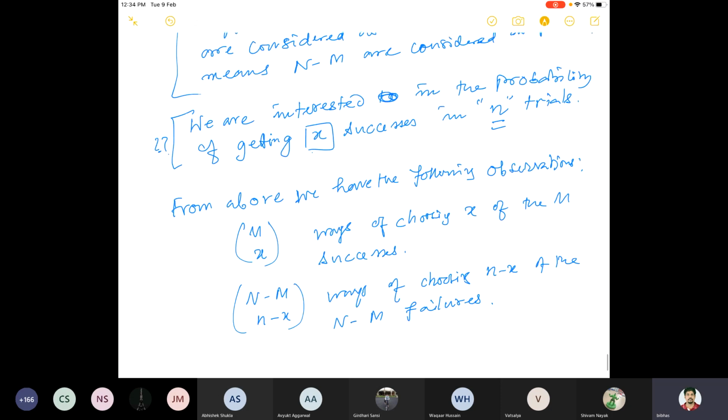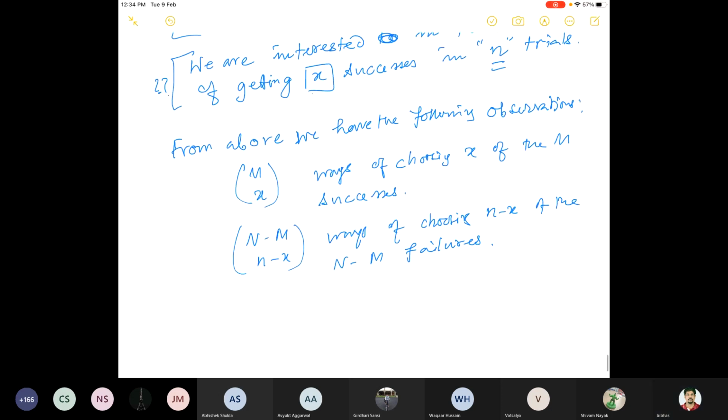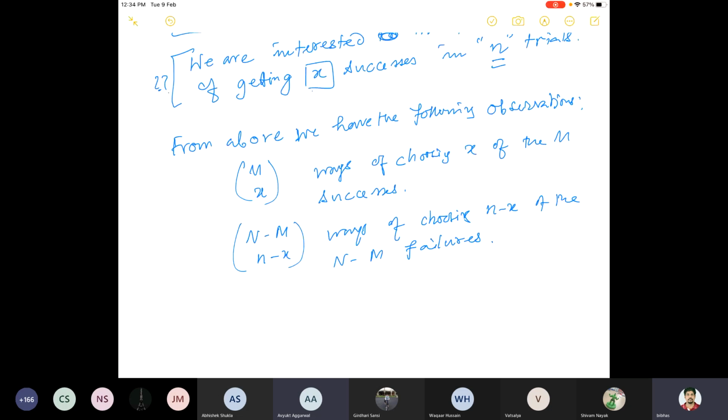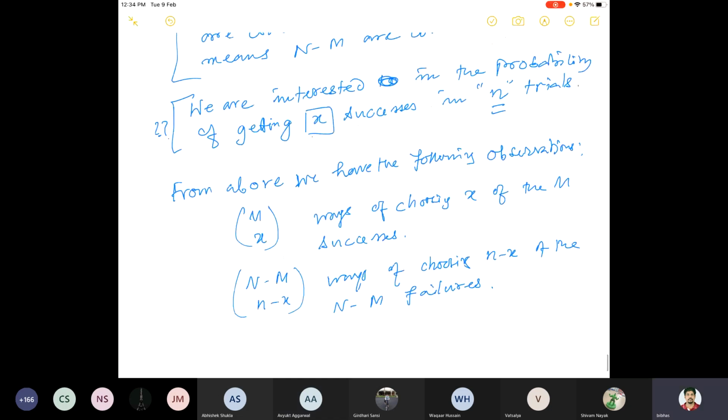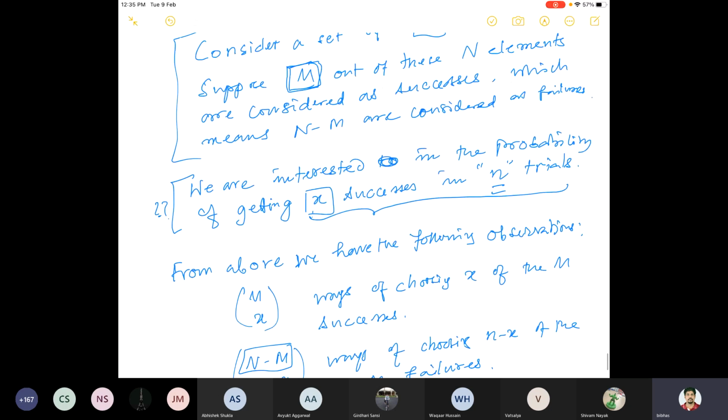Sir, why did we do N minus M? So if I obtain X successes in n trials, that means small n minus X is the number of failures. Now, what is the total number of failures I can have?